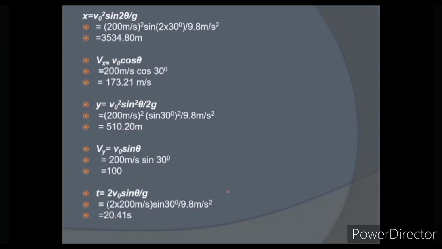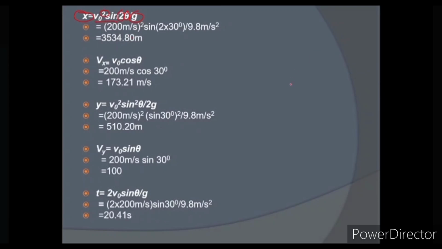So let's try to answer it. Let's find first your range. So the formula for the range is the velocity squared sine 2 theta divided by g, or the gravity. So, paano gawin yan? Let's have your calculator. Meron tayong given, this is the velocity, 200, squared po yan.